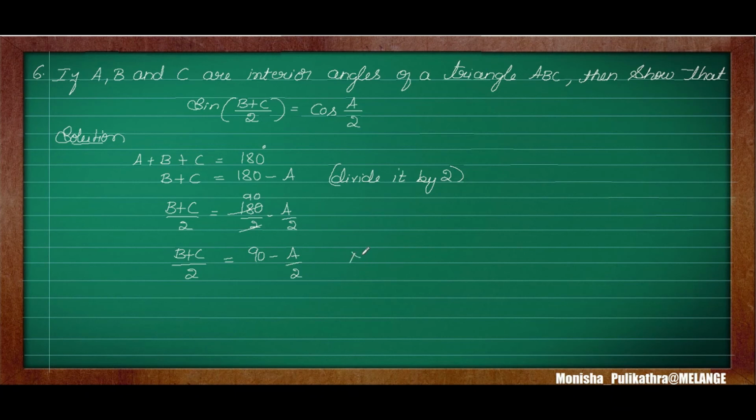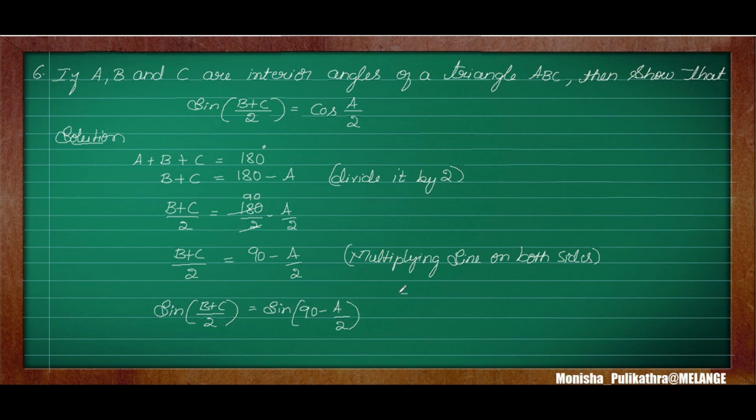So next I will be taking sine on both sides. If I take this trigonometric ratio sine on both sides, it will become sin((B plus C) by 2) is equal to sin(90 minus A by 2).